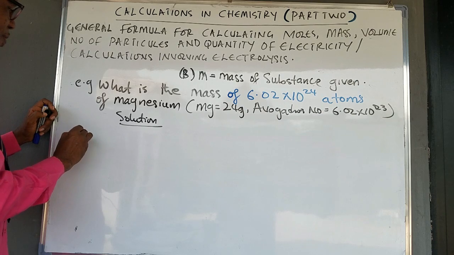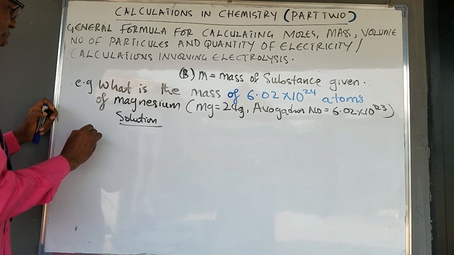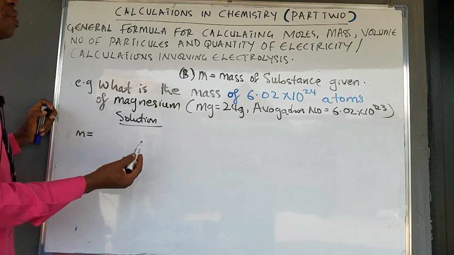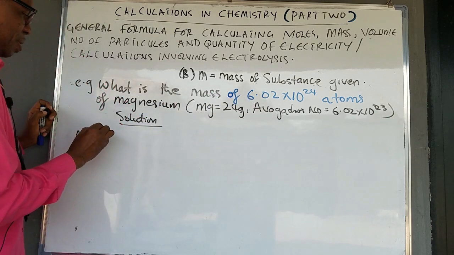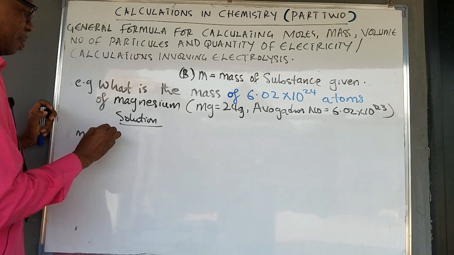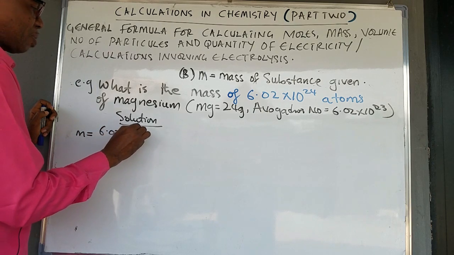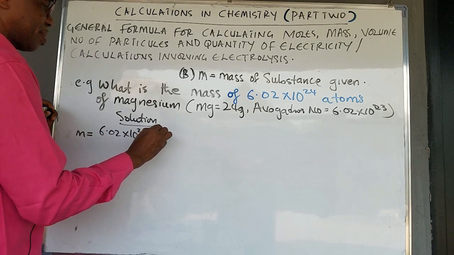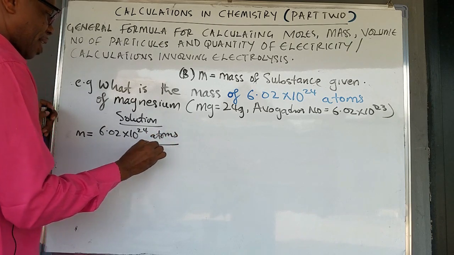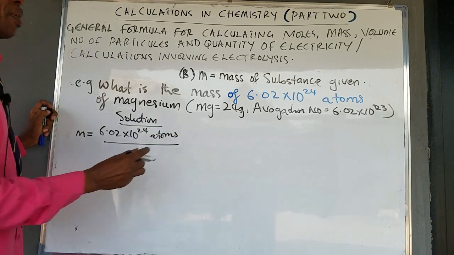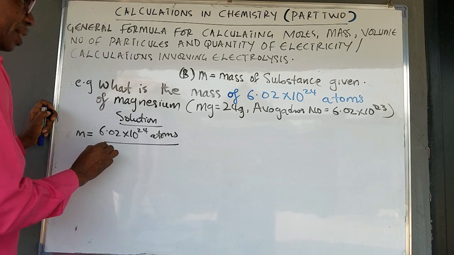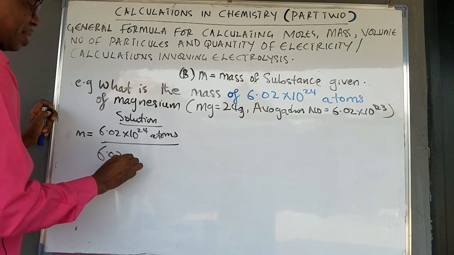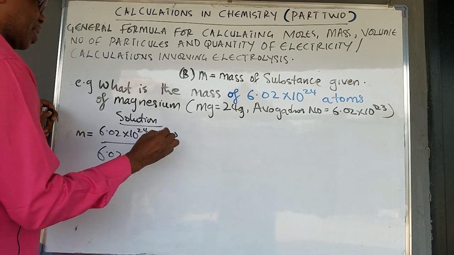You know you're looking for mass. And definitely I've told you that the one given is usually on top. So you have 6.02 times 10 raised to the power 24. That's the particles given. Divided by, the constant is always the divisor in most cases. So you have 6.02 times 10 raised to the power 23.